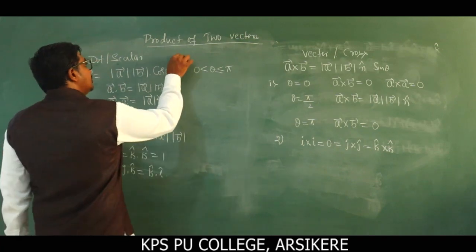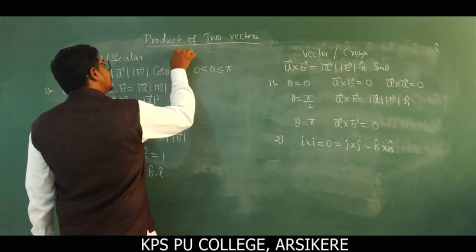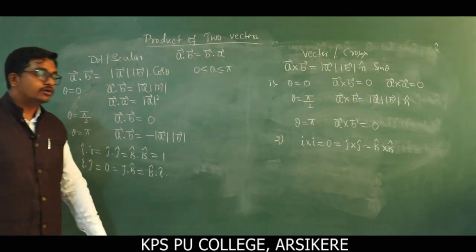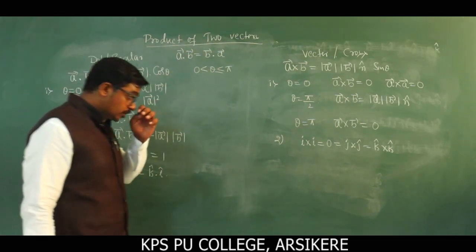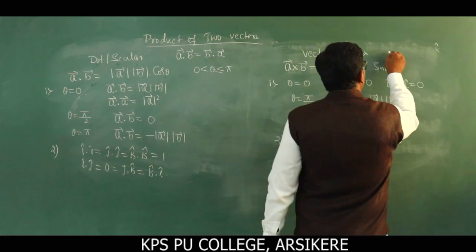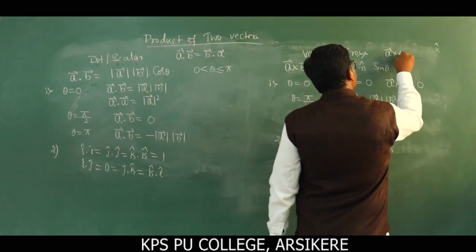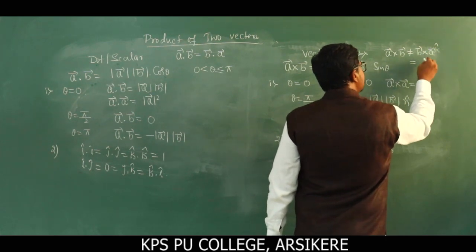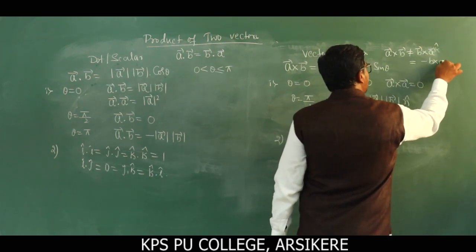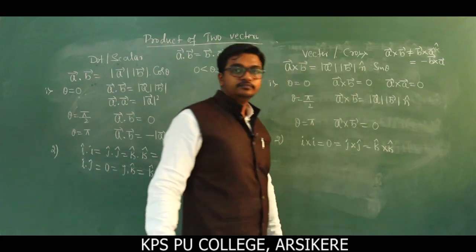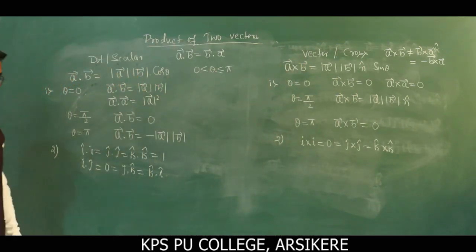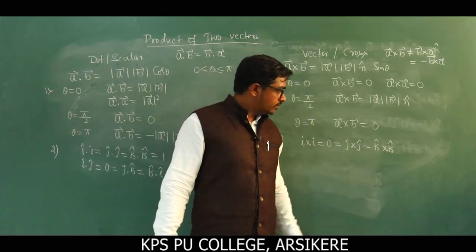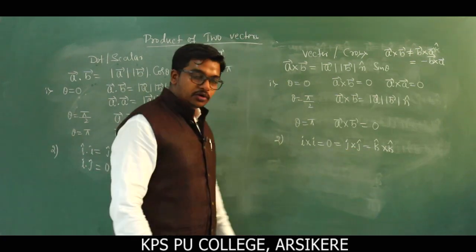It means A dot B also can be written as B dot A. So both are the same here. A dot B is equal to B dot A. When it comes to cross product, this is not satisfied. So A cross B is not equal to B cross A, but A cross B is equal to minus of vector B cross A. Opposite sign, minus. So here I cross I is equal to 0, J cross J is equal to 0 and K cross K is equal to 0.